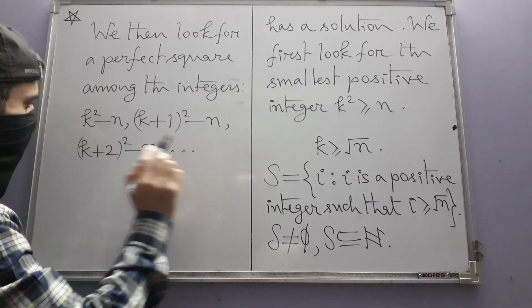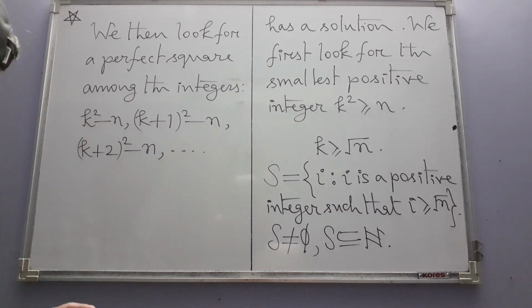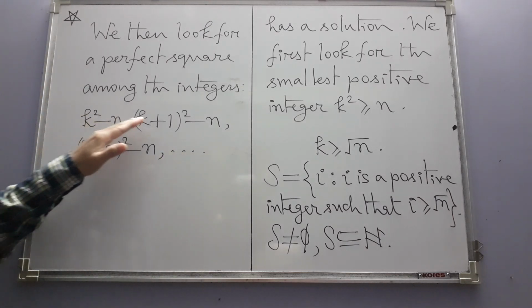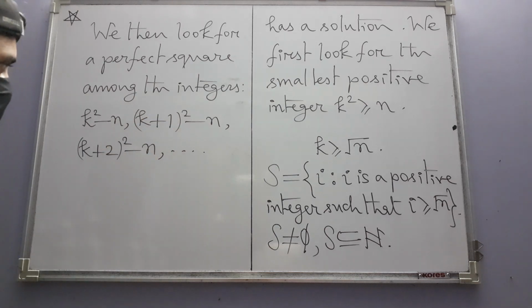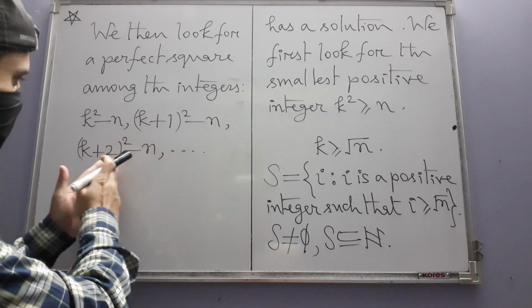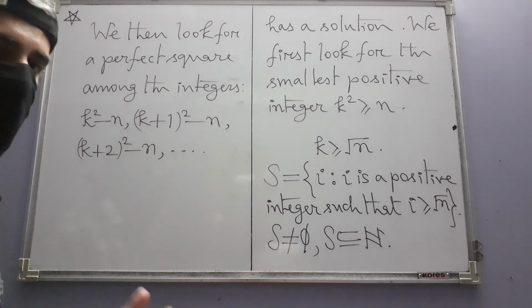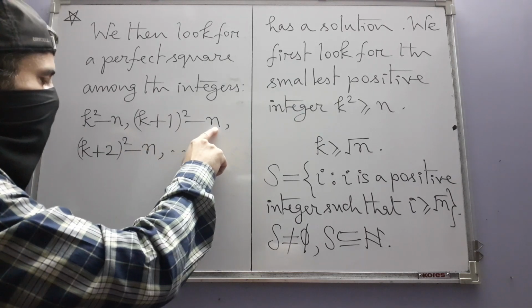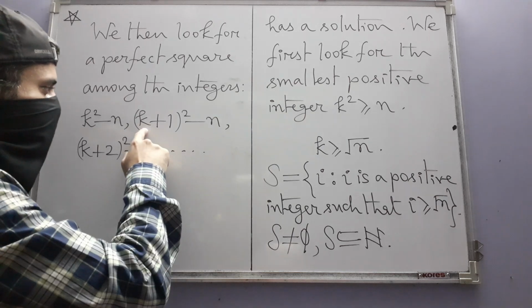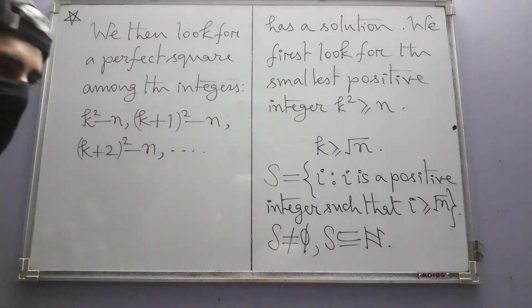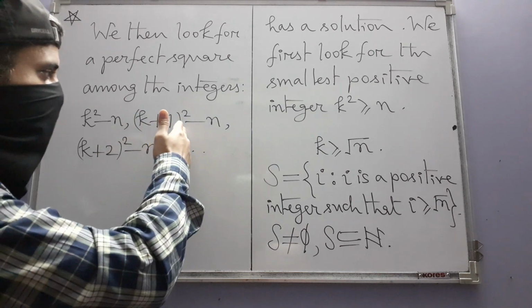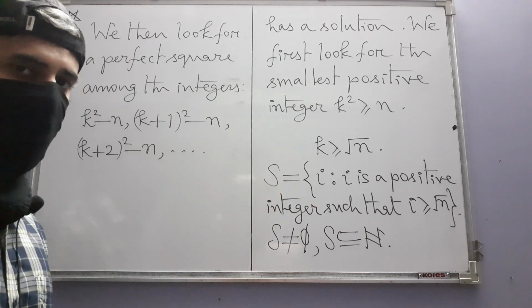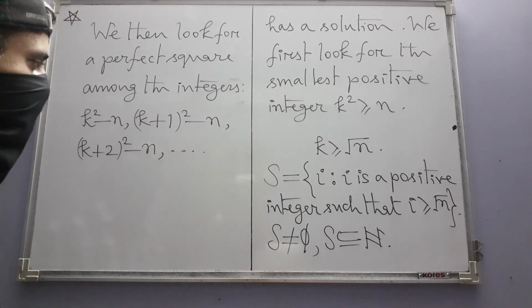Now obviously you can see one thing, that as this x value increases, this difference itself will become larger and larger, because this minus n stays minus n, but this part is increasing, so its square is also increasing. So you subtract n from that, that is also increasing.